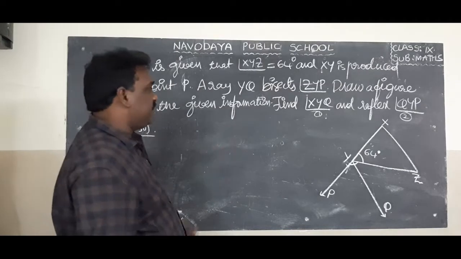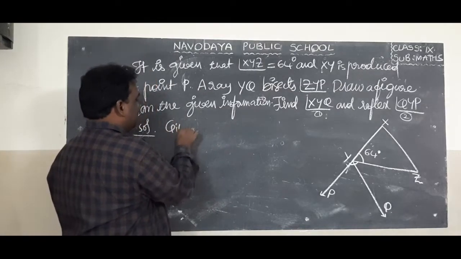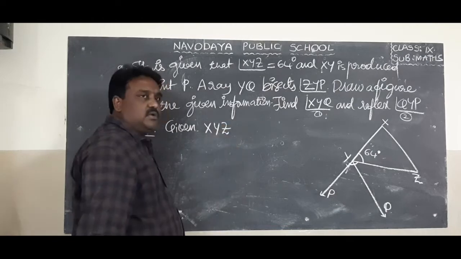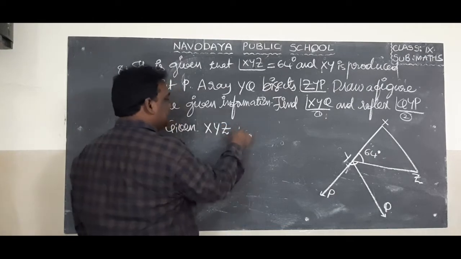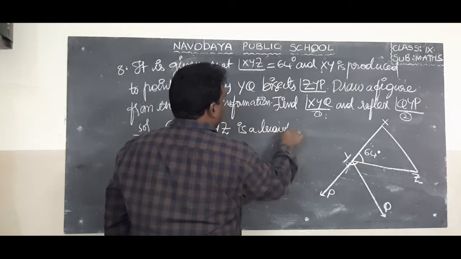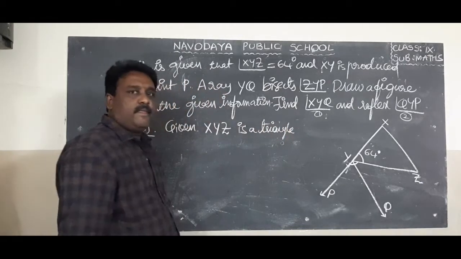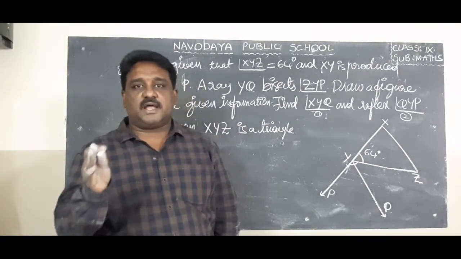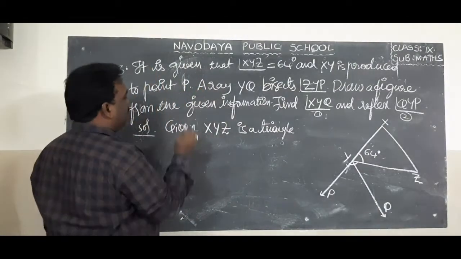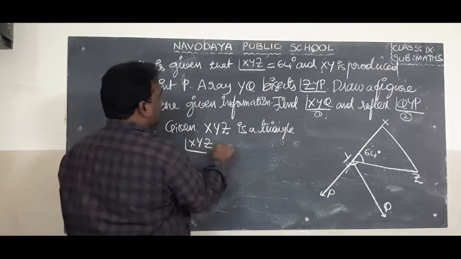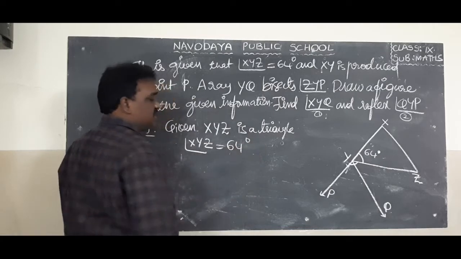Write the information first. Given: XYZ, it is not given, but you think like that. XYZ is a triangle. Okay na? What is the first point? XYZ is a triangle. Then what is the second point? Angle XYZ equal to 64 degrees.